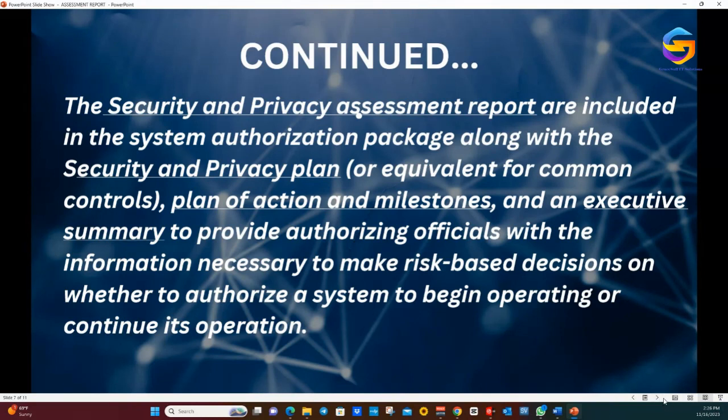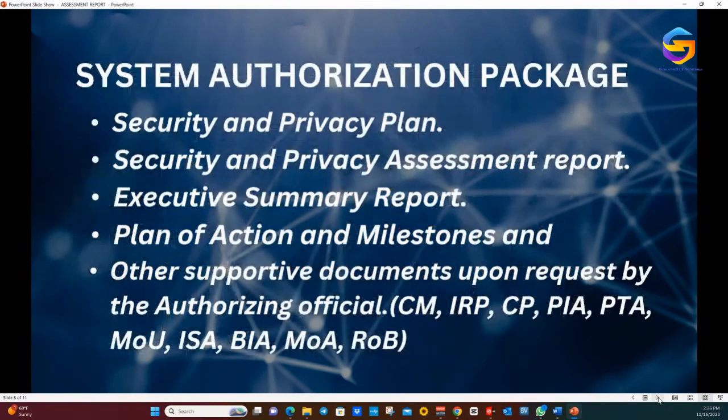So now, in summary, on that point, a system authorization package for the authorizing official to accept risks for the system has certain documents which need to be included and put together as the authorization package. And one of them is the security and privacy assessment report. So just look at it.